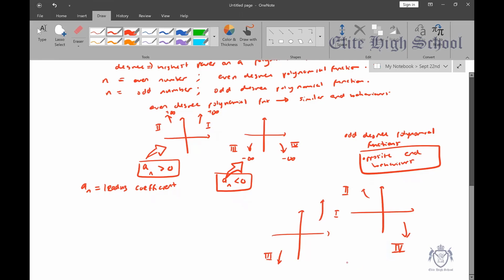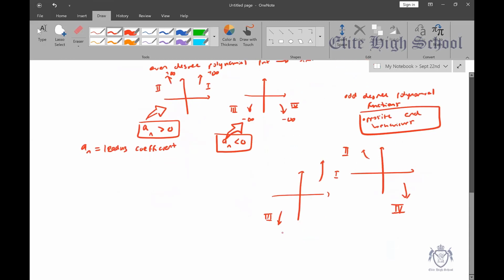And once again, this is also associated with leading coefficients because there are two options here. How do we know which option fits our graph? Well, in this case, if the leading coefficient is greater than 0, then the end behaviors will look like quadrant 3 and quadrant 1. You'd have opposing end behaviors because one end goes to negative infinity, the other end goes to positive infinity.